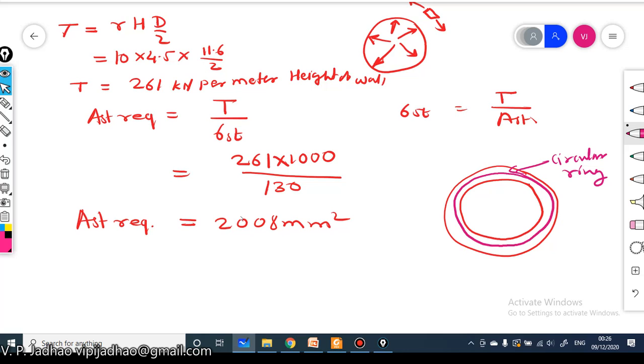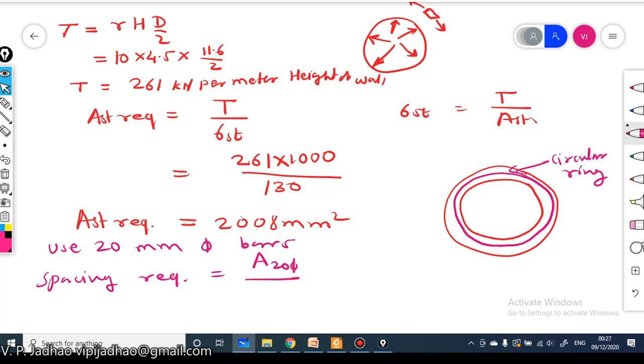Let us use 20 mm diameter bars. So the spacing required, we know the formula, is area of one bar divided by AST required multiplied by 1000.